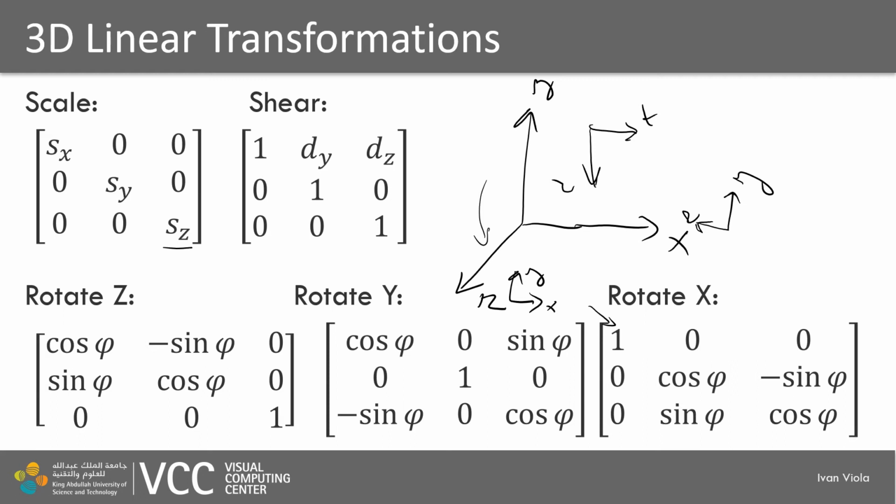But along the y-axis, the x-axis is rotating into the minus z-axis. Therefore, we want this effect to happen, so our sine value has to be positive in the first row and negative in the third row. You can look up this information for more details.